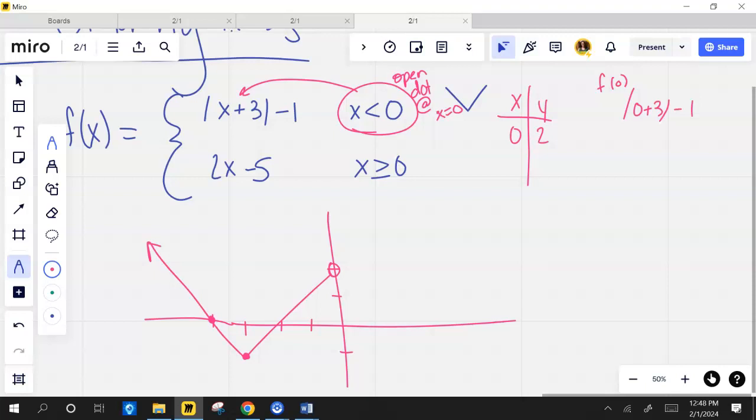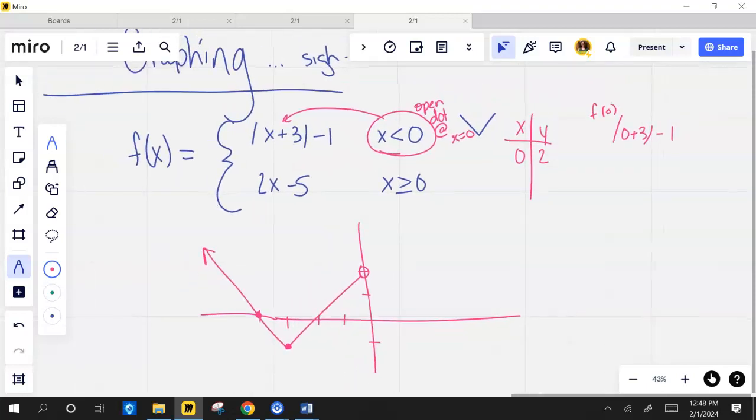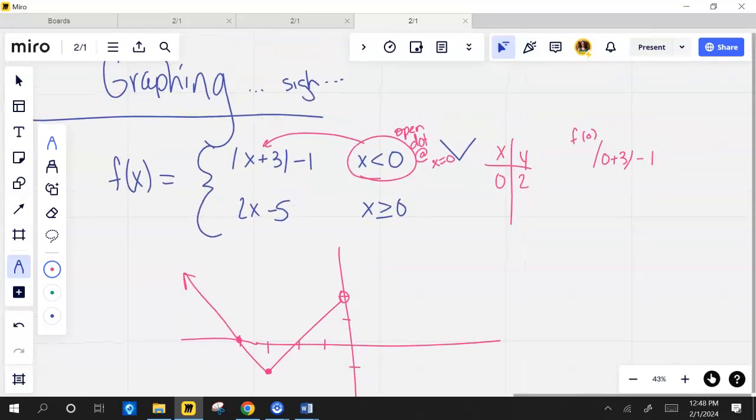That is the parent graph that has simply been slid left 3 and down 1. If you remember graphing absolute values and you graph them from vertex form, because on the parent it hasn't been stretched or shrunk any, so it just goes up 1 over 1 from the vertex.